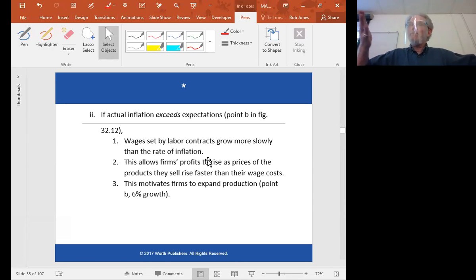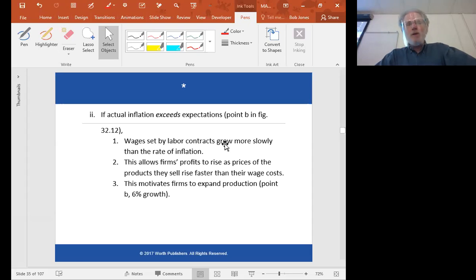Of course, you don't always have a contract, but this is the way we're going to think about it. In many situations, you have labor contracts that specify what the wage rate is going to be over the coming year. If people are expecting 2% inflation, then they're going to want a 2% cost of living wage increase to compensate them for that inflation that they expect.